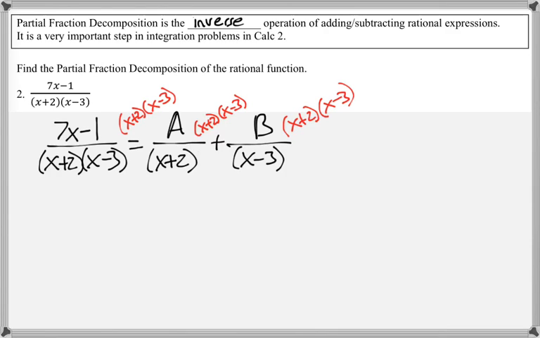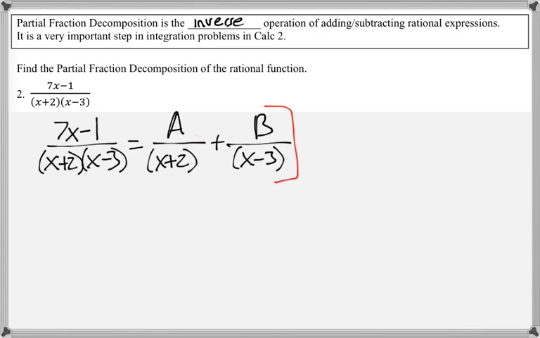And if you don't want to write it next to each term every single time, you don't have to. One of the shorthand notations is to just put brackets or a big parentheses around everything and say I want to multiply everything by x plus 2, x minus 3.